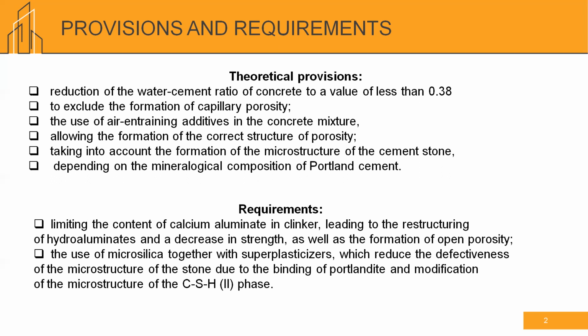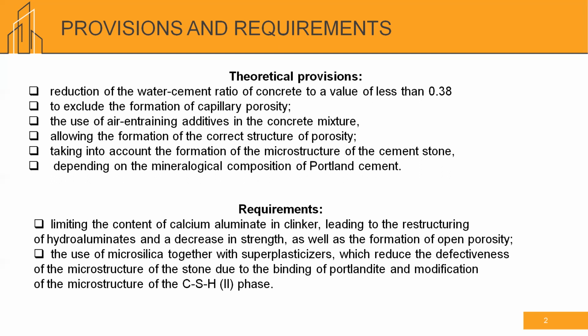The use of microsilica together with superplasticizers will reduce the defectiveness of the microstructure of the stone due to the binding of the Portlandite and modification of the microstructure of the CSH phase. The first position is based on the fact that the forming calcium hydroaluminates have low water resistance, and their content, if high, leads to a decrease in frost resistance.